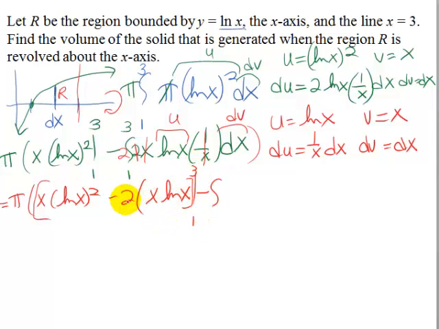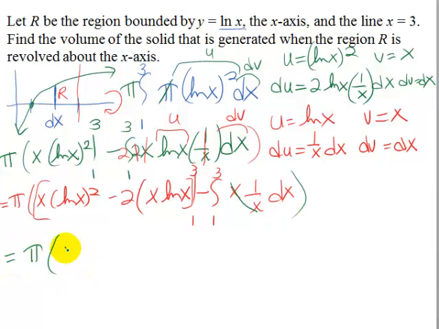I don't have the notation quite right because I have this negative 2 here. And from 1 to 3 of what is left, it's v, that's x, times du, which is 1 over x dx. So we can see that these will cancel, and we can go ahead and perform that last integral, and then we'll do our evaluation.